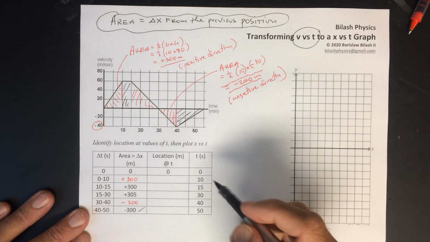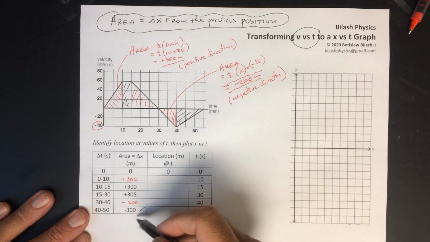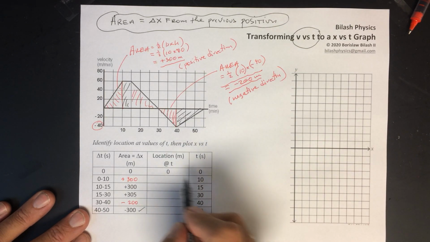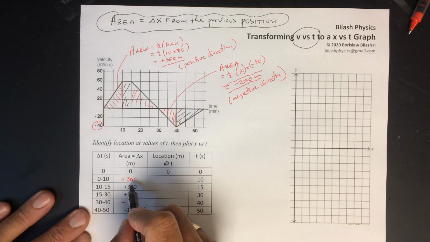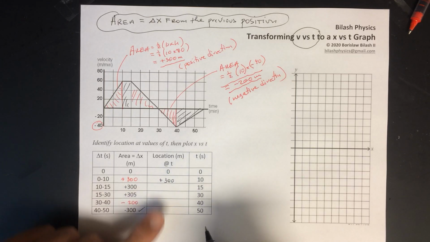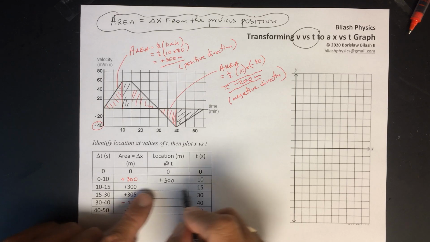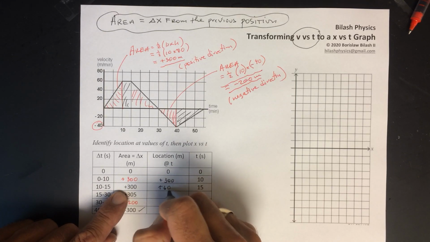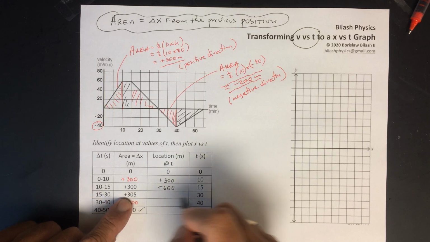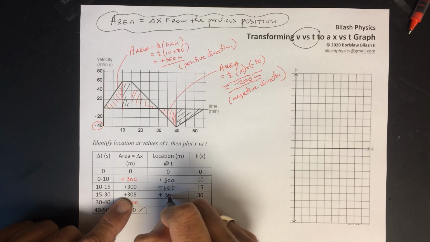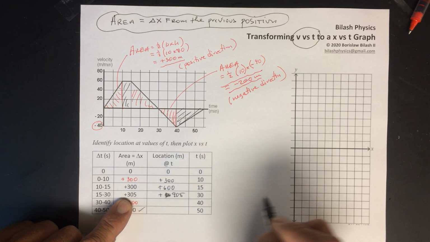So now what we're going to do is use these numbers to locate the object at any given time. So at 10 seconds, the object has gained 300 meters in the positive direction, so it's located at 300 beyond the initial 0. At 15 seconds, it has gained an additional 300, so now we're up to a position of 600. Then at 30 seconds, it's gained another 305, which places it at 905.